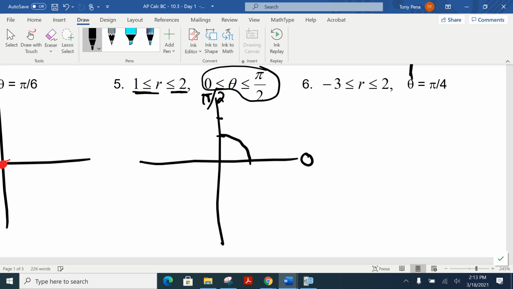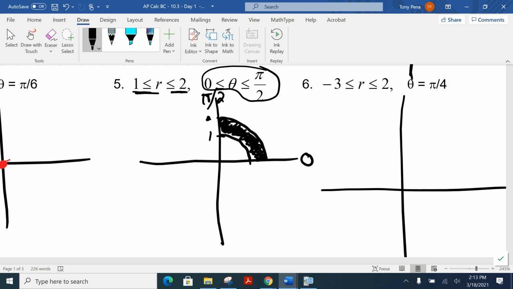We want every r of 2, so here's 1, here's 2. But we want every r in between, so we would want the radius of 1/2, of 1.6, and as we start drawing them all in, then this just becomes a completely solid shape. So it's kind of like a quarter donut, a quarter washer from our washer method days. All right, but it's just a quarter, okay?